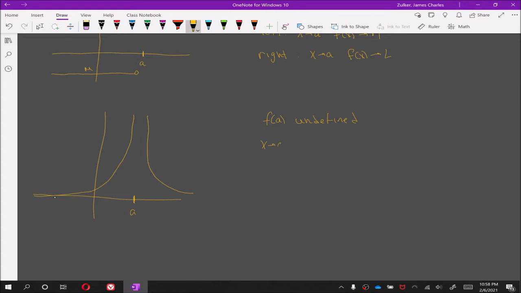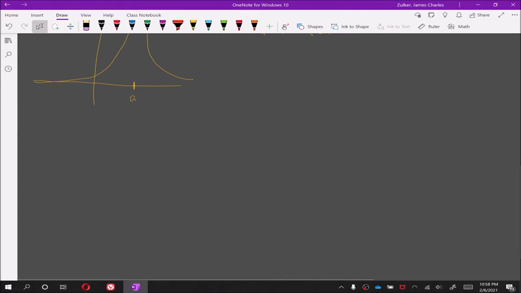Well, it appears as x is approaching A, f of x blows up to infinity. So these give us the concept of limits. That is, how is a function behaving near a value?